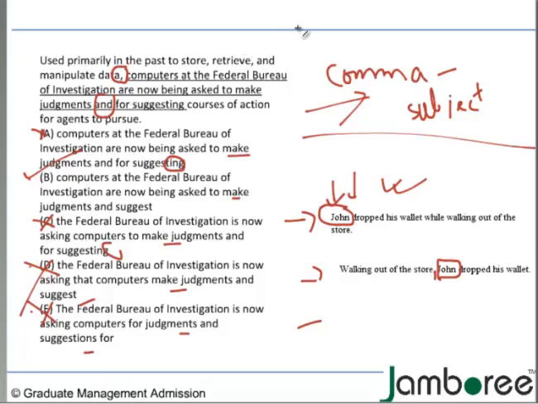So if you knew both these things, you would have been able to solve this question in less than 20 seconds, right? Those of you who did not pick B, are you now clear that B is the correct answer?